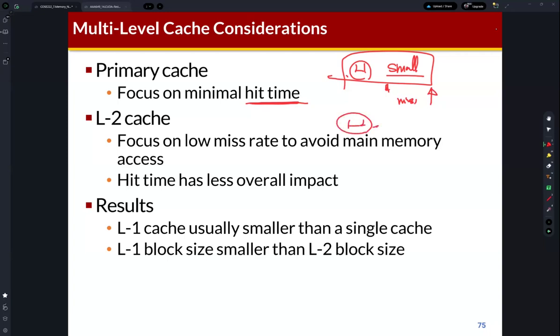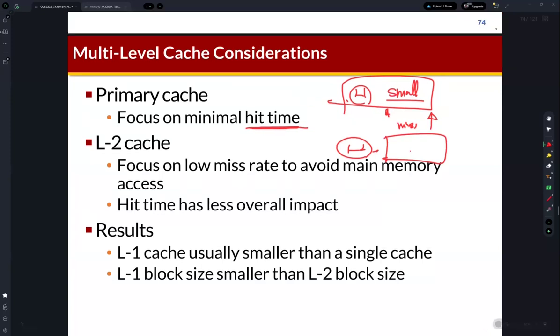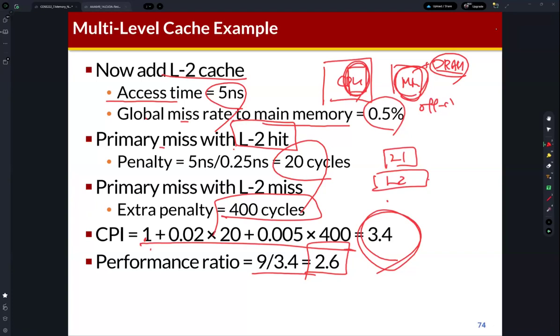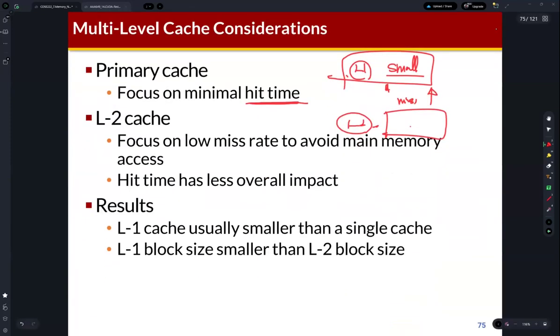L2 cache size is larger because we want to reduce the miss rate. The size is larger, but it's slow. But using the L2 cache, the performance can be increased, right? So this is the benefit of the multi-level cache hierarchy. Okay, like L1, L2, L3.